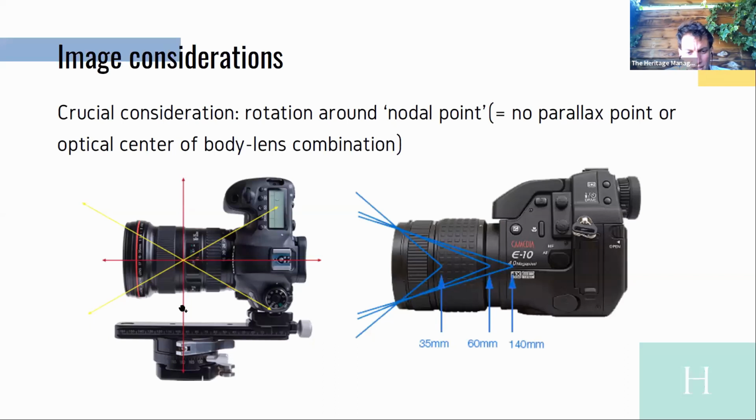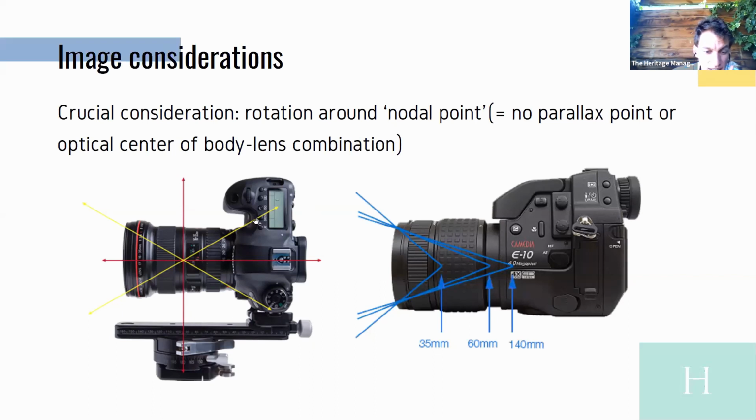And this bracket has a ruler, or several rulers actually, and it will allow you to set the nodal point on a fixed position. So if you see a body here, you see a lens, the combination of the body and the lens will give you two distances. These distances are summed, and that is the value that you will use here for this ruler.